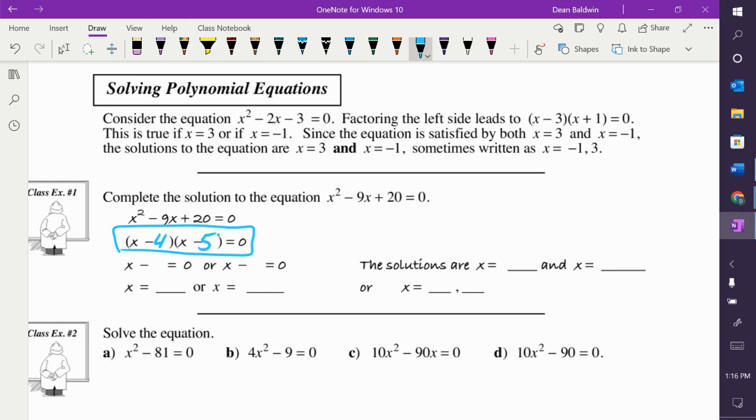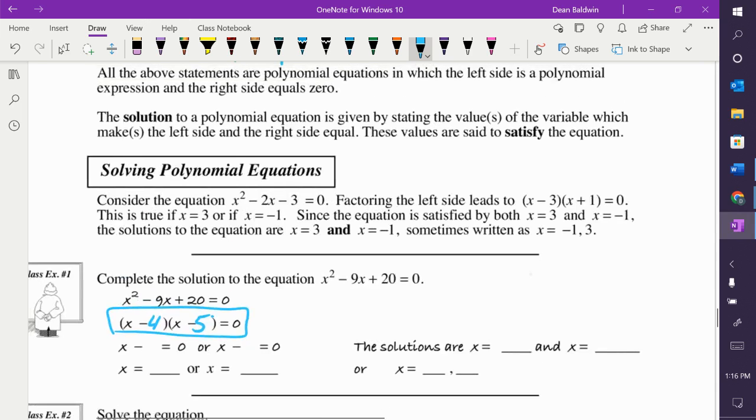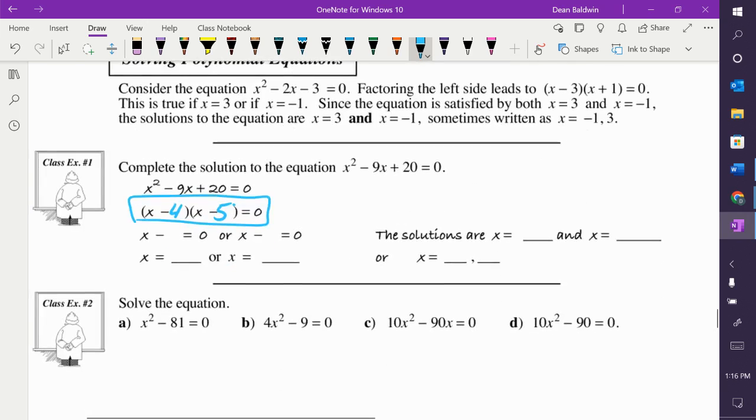Now you take each bracket, like what we just did up here, and say, what makes x minus 4 equal to 0, and what makes x minus 5 equal to 0? Those are your solutions, 4 and 5. These are called quadratics. If it's a degree 2 polynomial, this is called a quadratic, and you can have two answers.